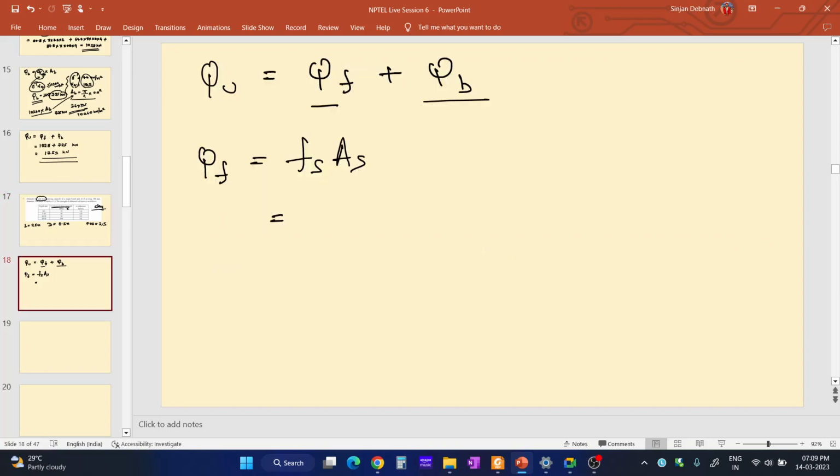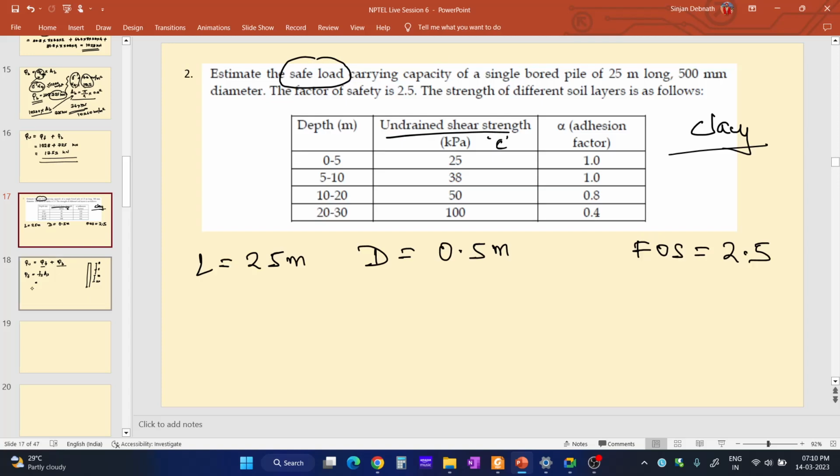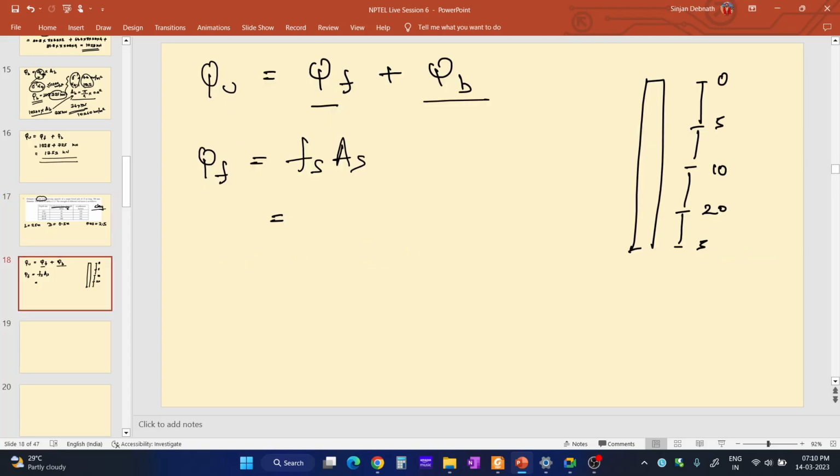Let me draw it once. 0 to 5, 5 to 10, 10 to 20, 20 to 30. But the length of the pile is 25 meter, so we are dividing the pile into segments. Up to 30 meter the information is available, and the length of the pile is 25 meter.